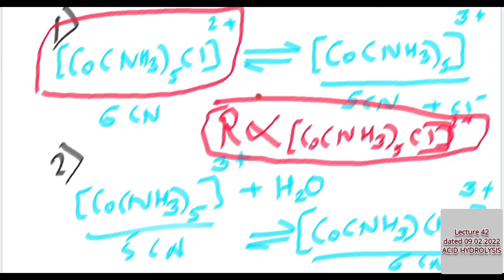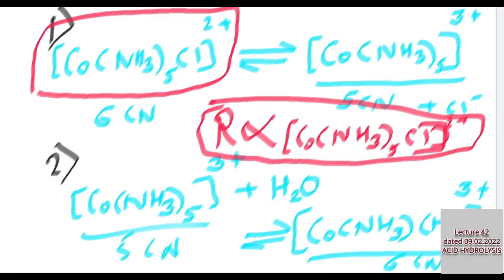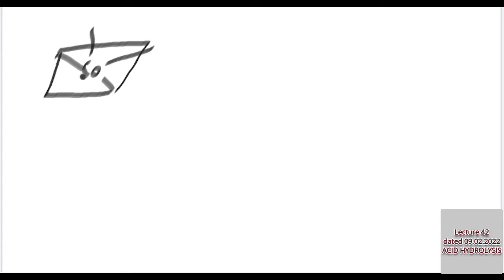So what actual mechanism is the molecular mechanism I represented here? Let me represent the structural mechanism. Structural mechanism means I would represent the coordination number in terms of the geometry. First, the octahedral complex: cobalt plus 3, a central metal ion, with a total of 6 ligands. Out of that, one ligand is chloro, and the remaining ligands are ammine or ammonia, NH3.